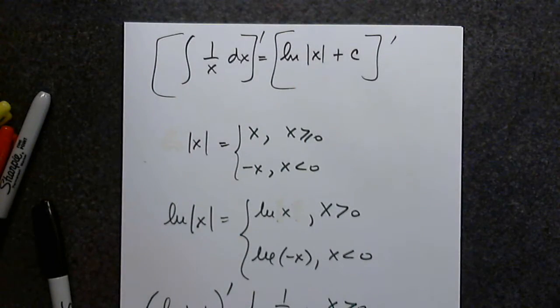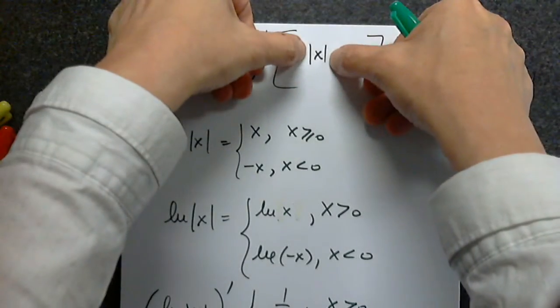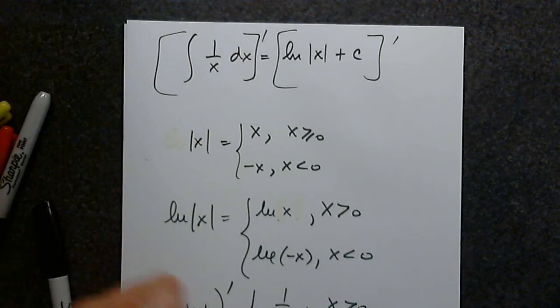Now, if the limits of integration are between 10 and 15, I don't need the absolute value, because it's natural log of 15 minus natural log of 10. But if I have the integral from negative 15 to negative 13, then I have to put the absolute value.